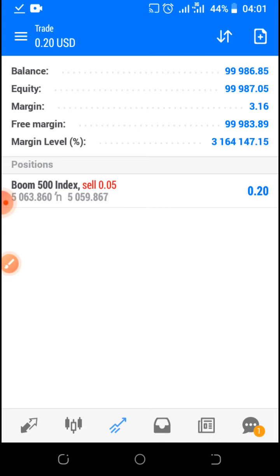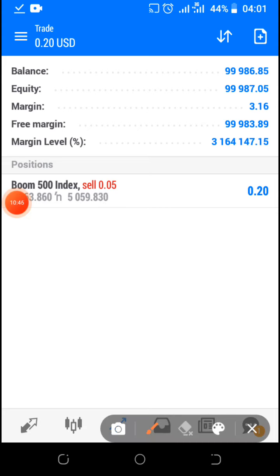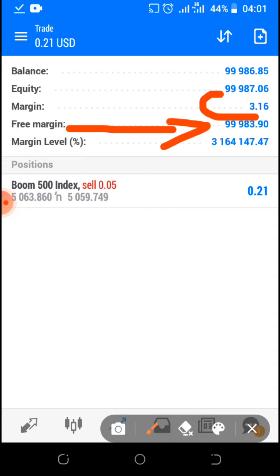And of course, free margin here also helps you realize that when you take your margin requirement away from your balance, what you have is your free margin.